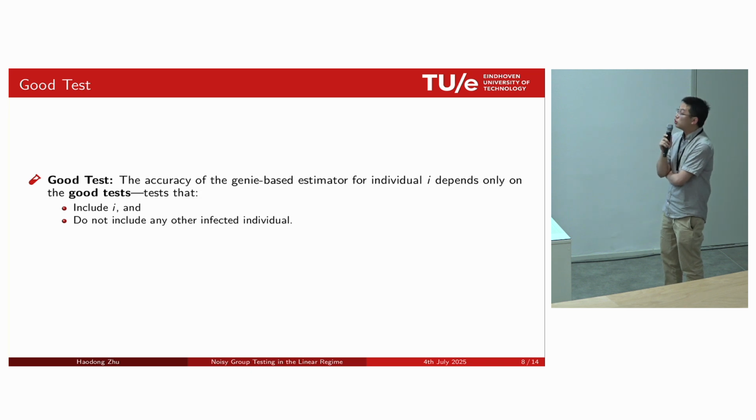It can also be shown that the accuracy of the genie-based estimator for individual I depends only on the good tests, which are tests that include I and do not contain any other infected individuals.